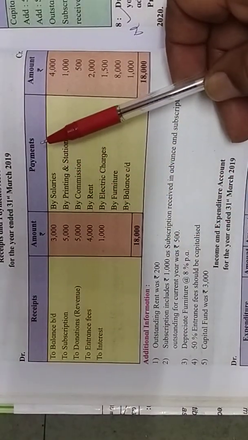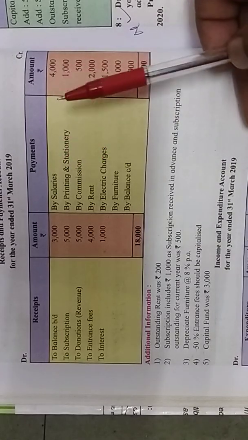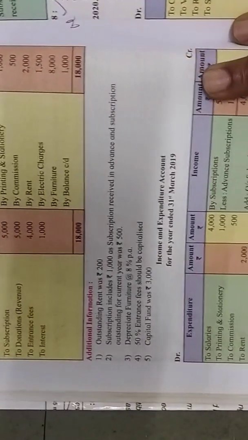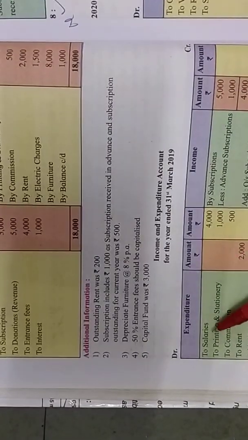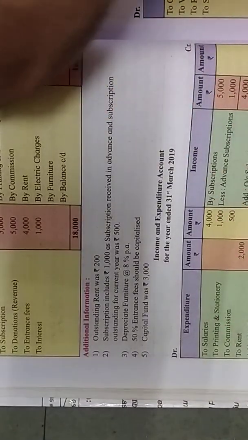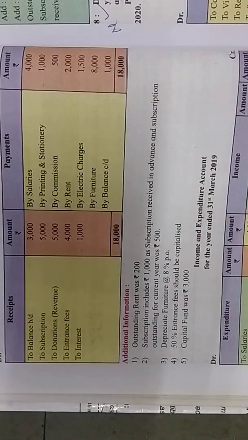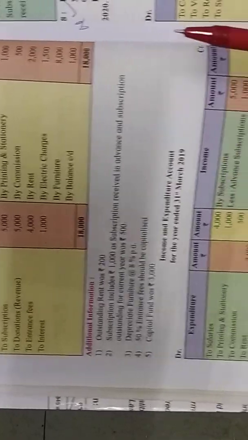See the payment side first. By salaries rupees 4,000. Salaries is an expense, so you should write it on the expenditure side: to salaries 4,000. By printing and stationery 1,000: expenditure, to printing and stationery 1,000.